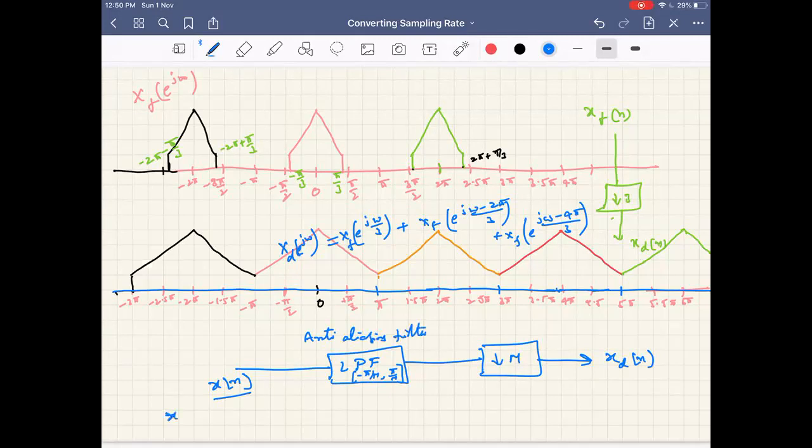So xd of n may or may not have all the information of x of n, but it will have no aliasing because of the anti-aliasing filter.